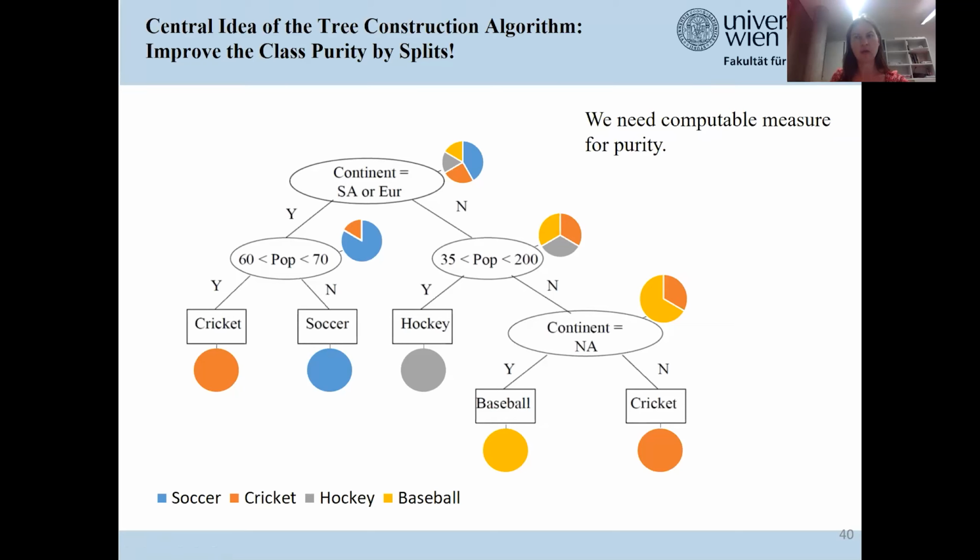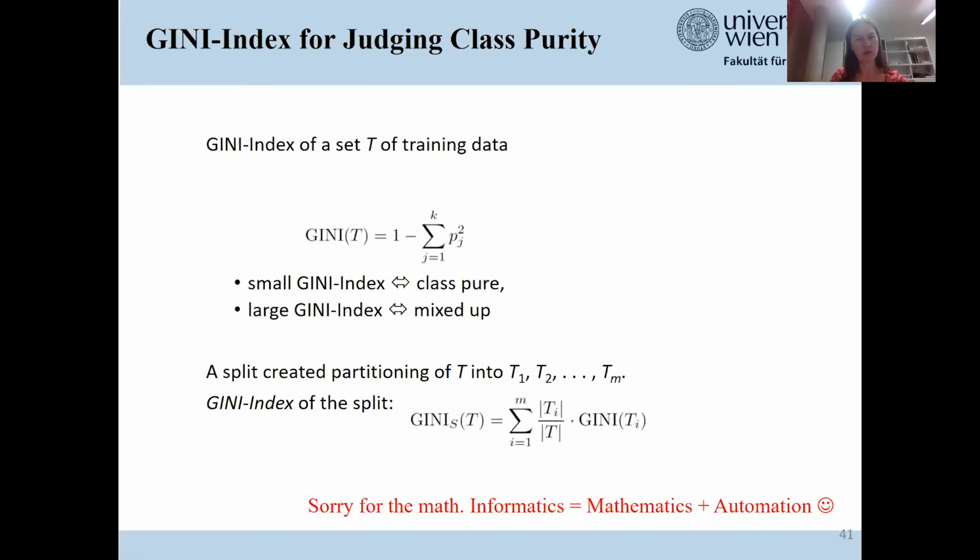And therefore, we need a mathematical formulation of our concept, which is class purity. And one such formulation is the so-called Gini index. And sorry, now we have some mathematics, but informatics is a word which stands for mathematics plus automation. So what is inside many algorithms is a lot of mathematics indeed. And the art for algorithm designers is to find a suitable formulation of the quantity we want to judge.